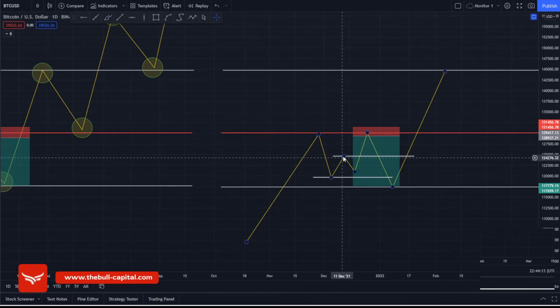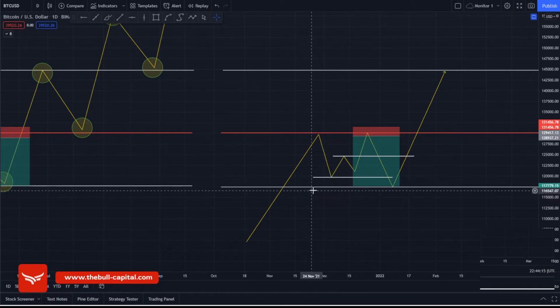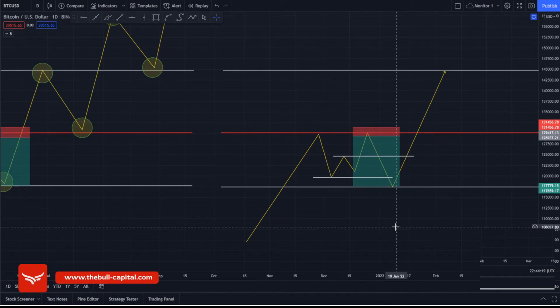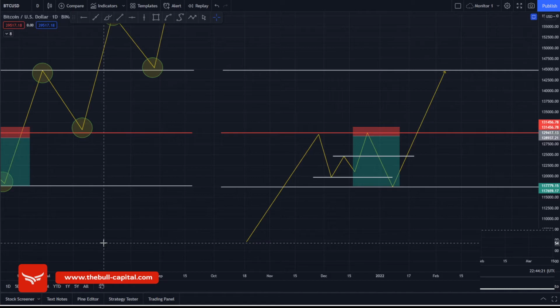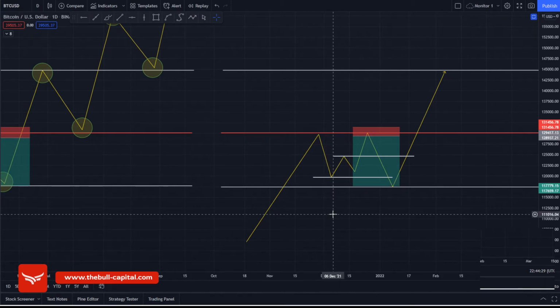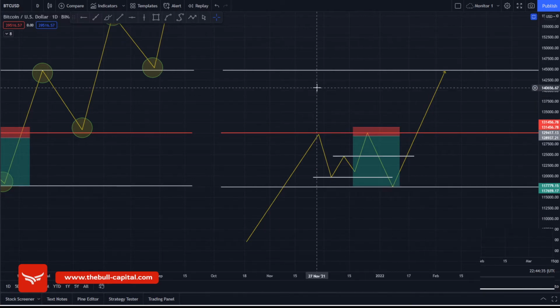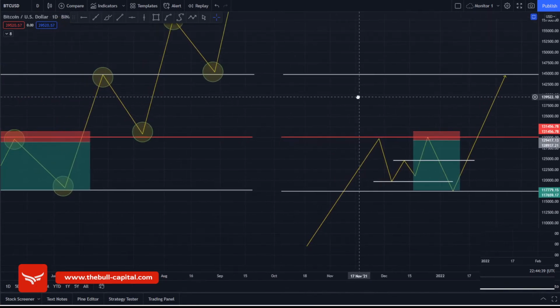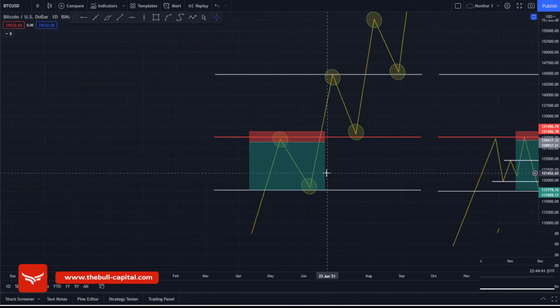So you must pay attention to the swings inside a channel. That's where you take profits, and those are the levels from which the price can bounce. And for a long, it's the same thing.